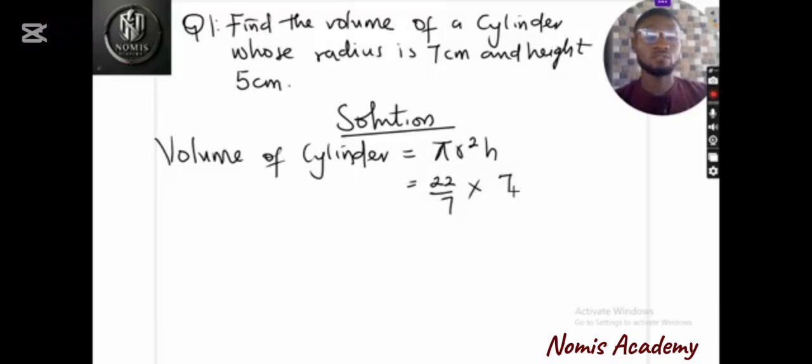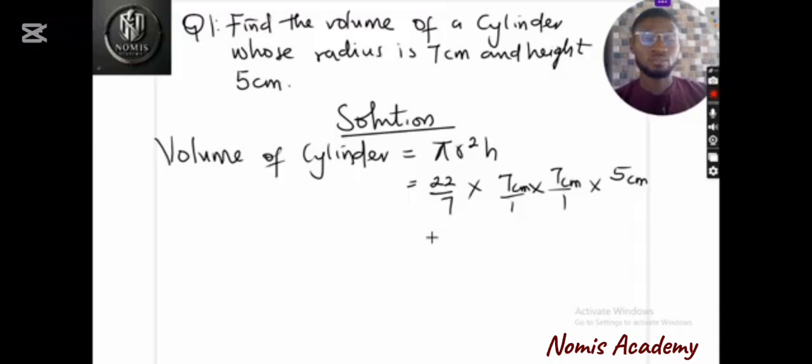Since it is 7 squared, that will be 7/1 multiplied by another 7/1, multiplied by the height, which is given to be 5 centimeter. Don't forget centimeter, and here we have centimeter.